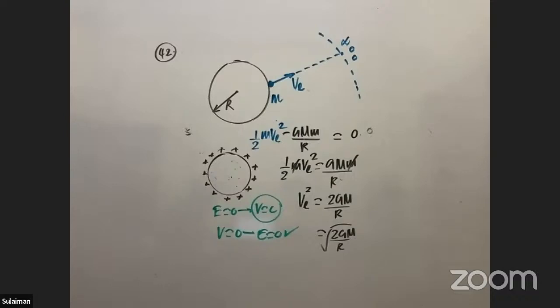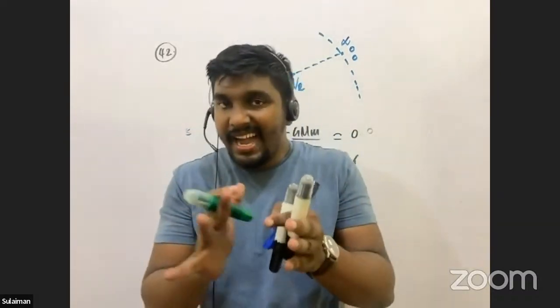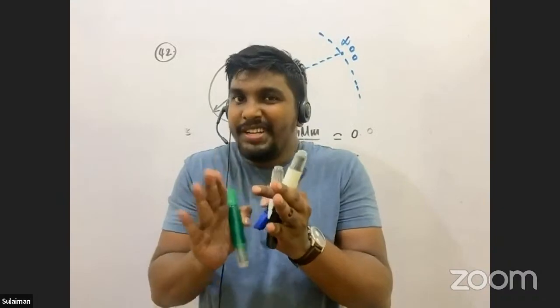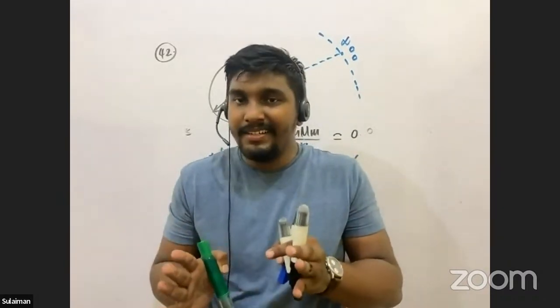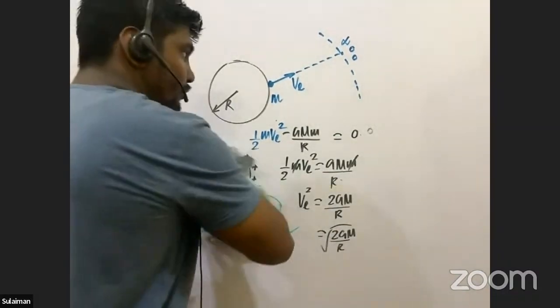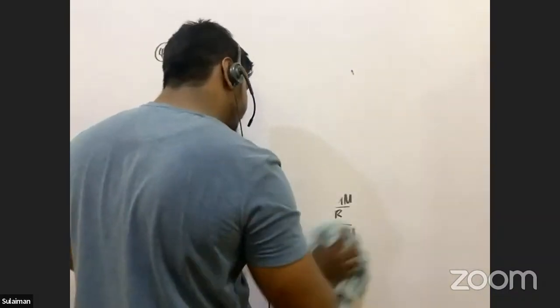The atoms of an ideal gas have a certain mean kinetic energy at 10 degrees Celsius. Their mean kinetic energy will be twice at what temperature? Now we know that in gas laws we learned that mean kinetic energy is directly proportional to temperature only. So E equals 3 over 2 kT, or 3 over 2 nRT. I don't know how many of you can remember. Just go to the notes and refer to them.